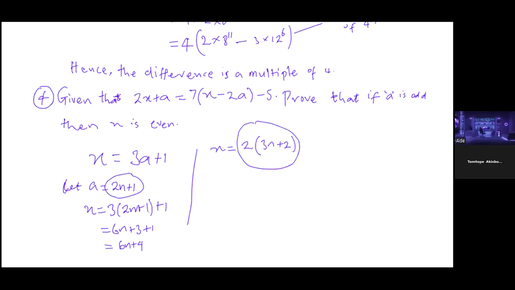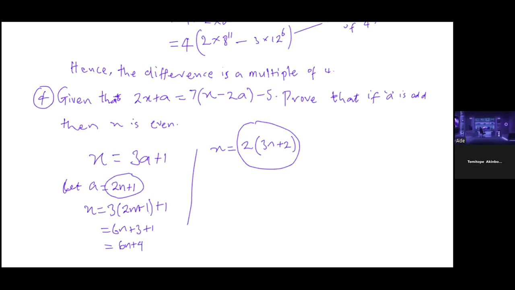Don't forget, multiply 2 with any number, the outcome is going to be an even number. 2 times 3, 3 is odd, gives 6. Take another odd number, 5. 2 times 5 is 10, which is also divisible by 2. Take another odd number, maybe 7. 2 times 7 is 14. Do you understand that now?